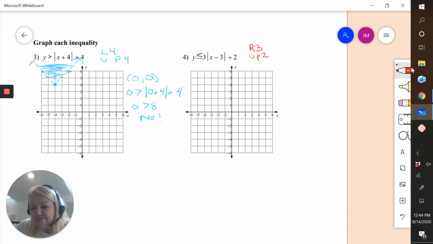And then I have a stretch of 3. So you can kind of pretend like the slope is actually plus or minus 3. And again, this only works in absolute values. Do not do this with quadratics. So my vertex that was at 0, 0 is going to go right 3 up 2. Okay, a stretch never affects the vertex.